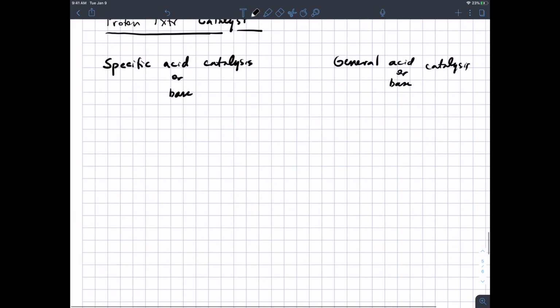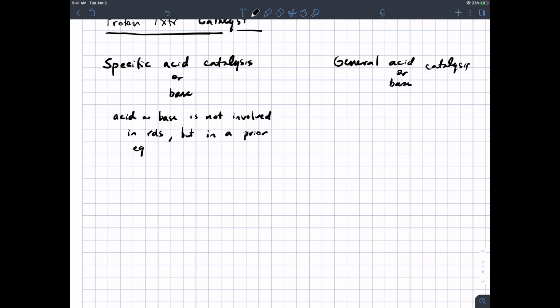So the defining feature of specific acid catalysis is that the acid or base is not involved in the rate determining step, but in a prior equilibrium. Whereas for general acid-base catalysis, the acid or base is in the rate determining step.